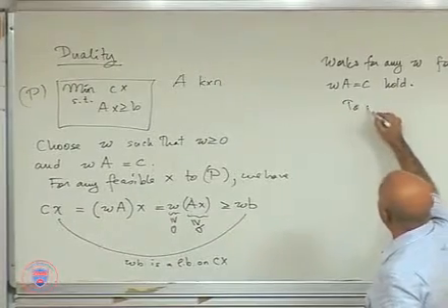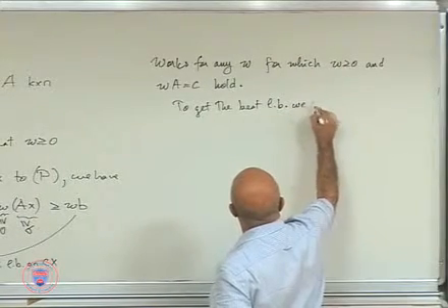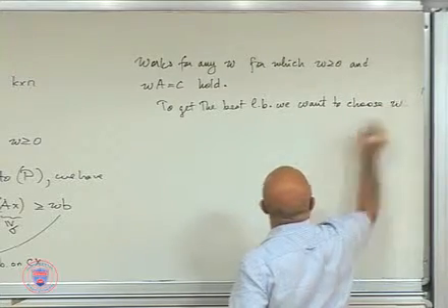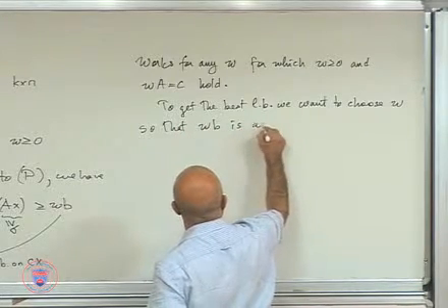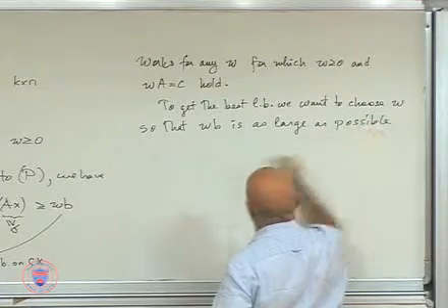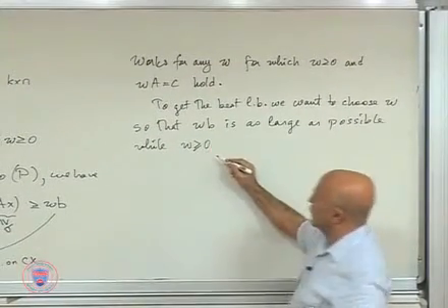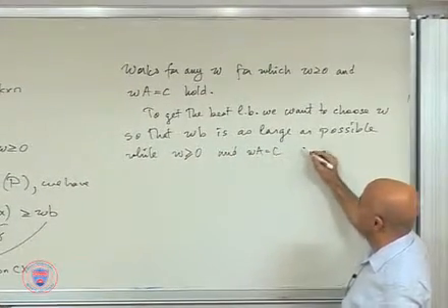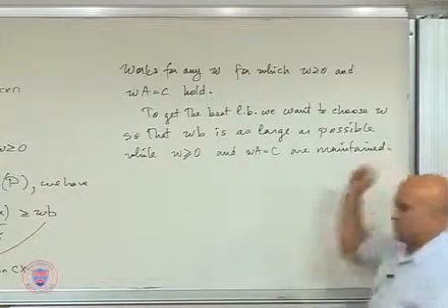So to get the best lower bound, we want to choose W so that WB is as large as possible while the conditions non-negativity on W and WA equals C are maintained or satisfied.